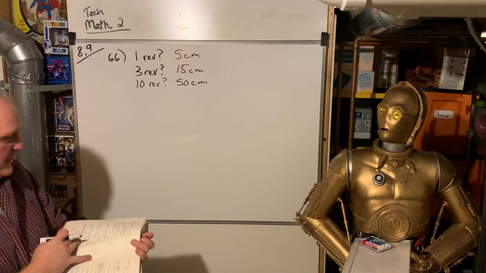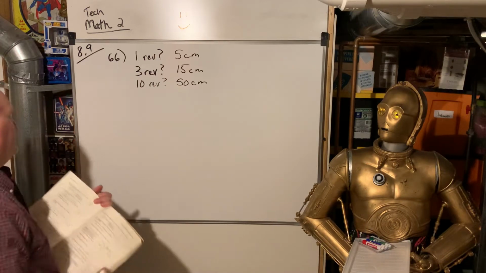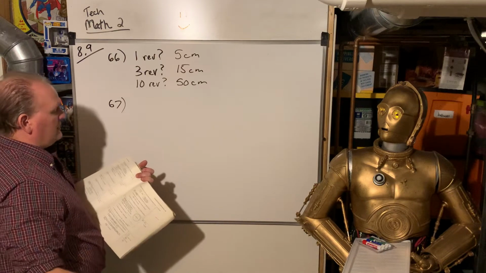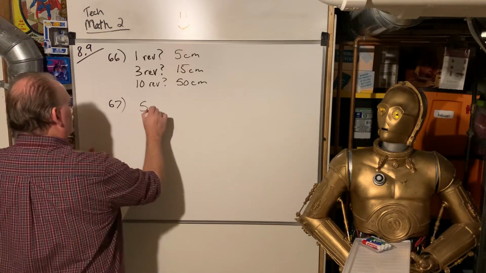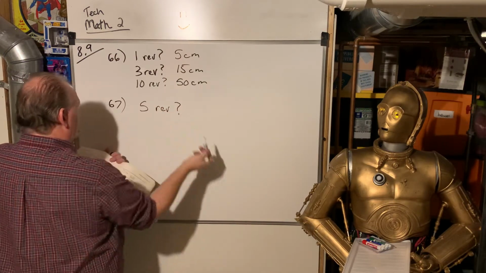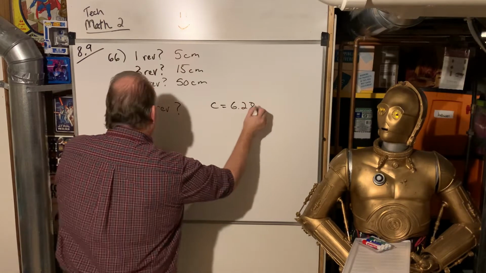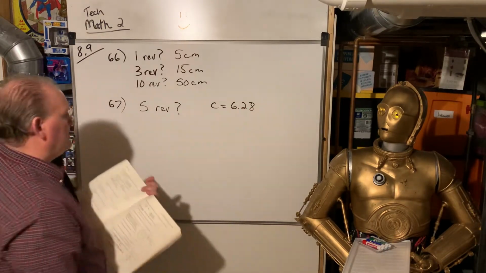So now they up it a little bit. Do they up it a little bit? Nope. Same problem. 67. It's just they said, what if the circumference were 6.28, and then it went 5 revolutions? We would just take 5 times 6.28, and that would get us 31.4.